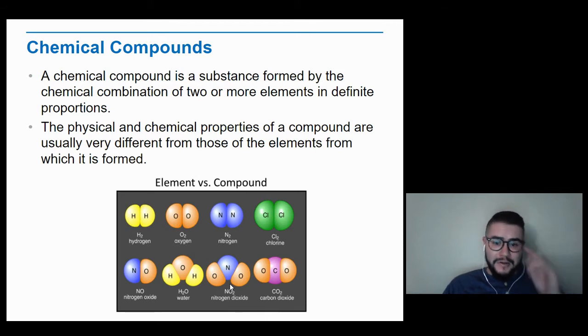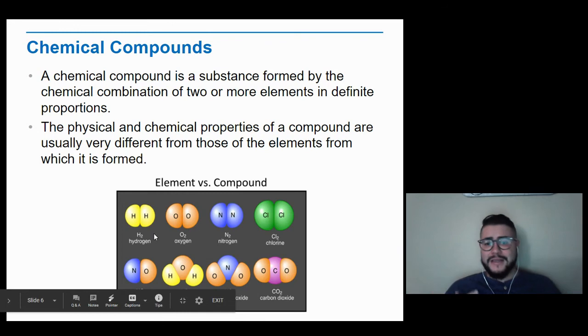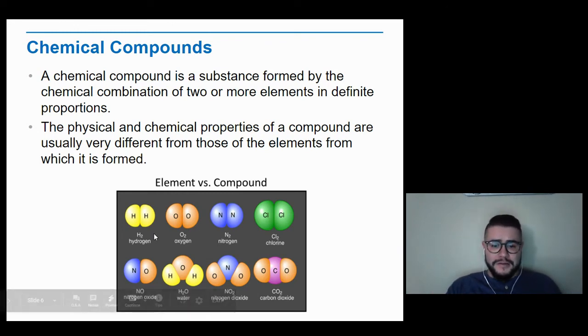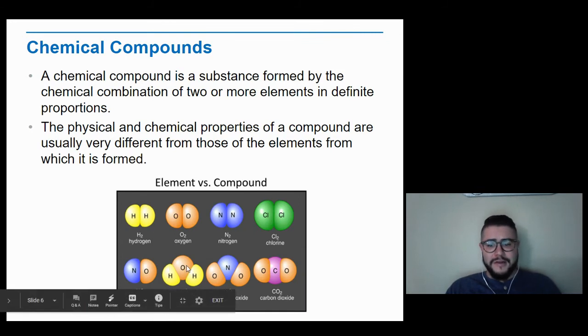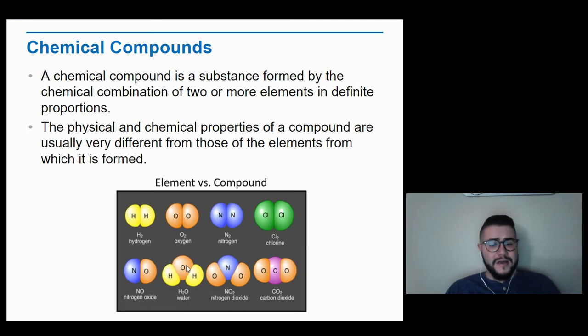Then we come to chemical compounds and how they have different properties than the elements that make them up. Think of oxygen and hydrogen. Those are gases in their pure elemental forms. But when you put them together, you get water. Think of carbon and oxygen. Carbon is a solid, and oxygen is a gas, and you put them together, and you get a gas, carbon dioxide.